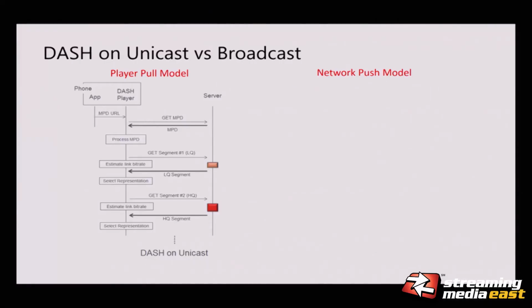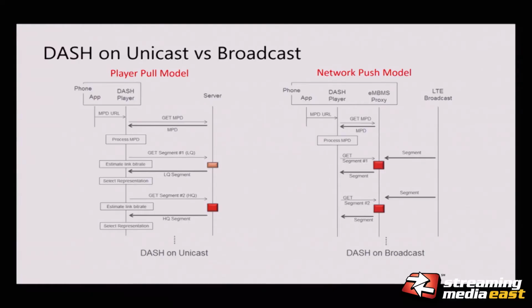So in this slide, what I'm showing is the standard model which most people are used to, the player pull model, where the player does the pulling of the MPDs, and then it goes and pulls segments, and that process goes on, and there are various optimizations that can be done for that.